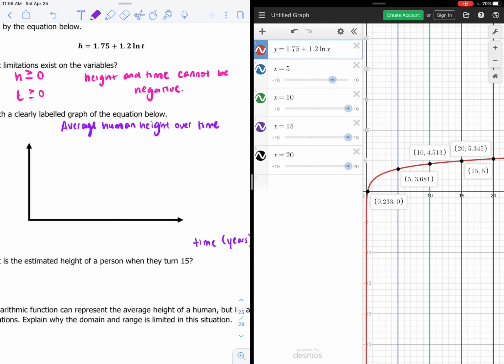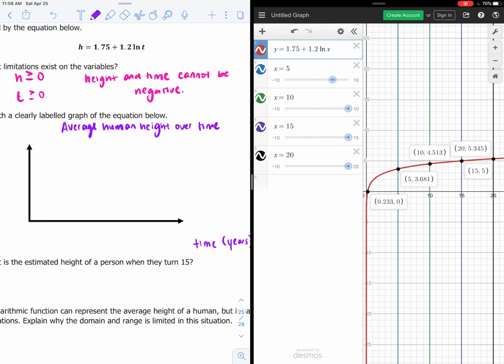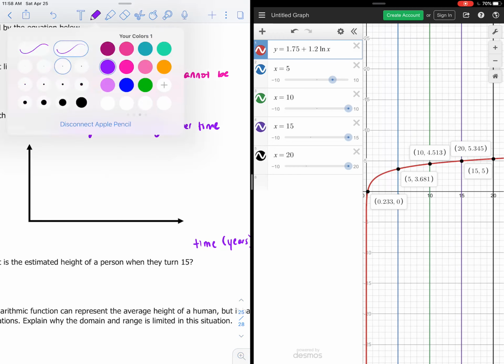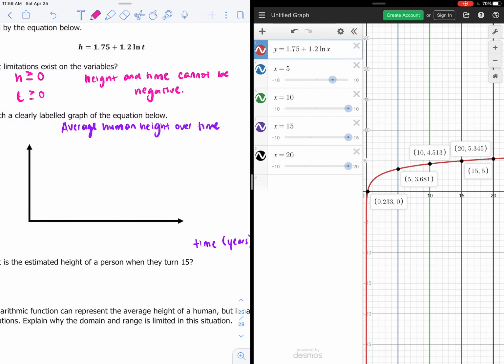Okay, so I'm going to just zoom in on this side here. Notice that for my scale, I'm going from 0 to 20. So, maybe I'll just keep that in green here. So 0 and 1, 2, 3, 4, 5. 1, 2, 3, 4, 10. 1, 2, 3, 4, 15.